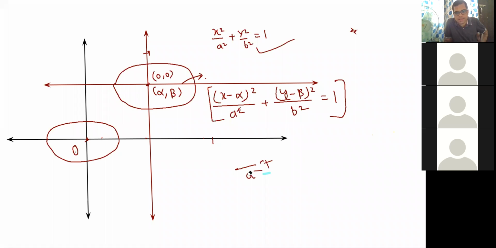So we are not shifting the origin here, we have shifted the ellipse. Okay, we have shifted the ellipse to this condition. तो जब सेंटर ओरिजिन था तब ये इक्वेशन थी. अब जब अल्फा कॉमा बीटा सेंटर हो गया, पर एक्सिस आर पैरेलल टू x axis and y axis. So then the equation will be x minus alpha whole square upon a square plus y minus beta whole square upon b square equal to 1.